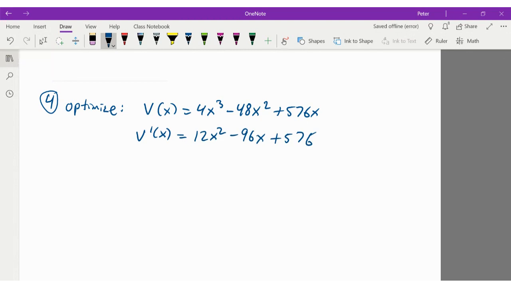We're going to factor that a little bit. It'd be a little easier to work with if we factor out the 12. That gives us x squared, 96 divided by 12 is 8, 576 divided by 12, I know you don't know that one in your head, but I did this in advance, 48.